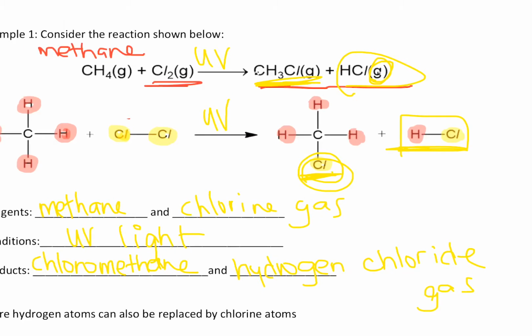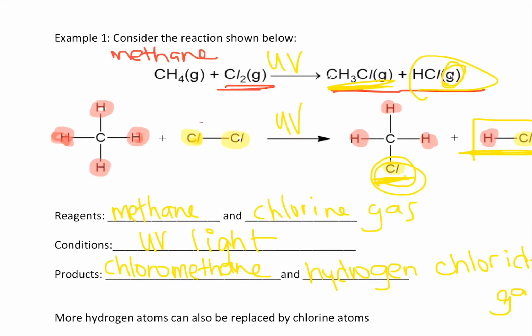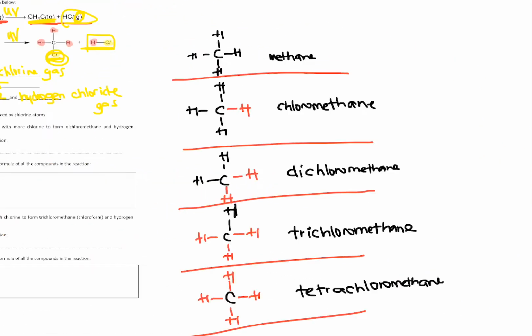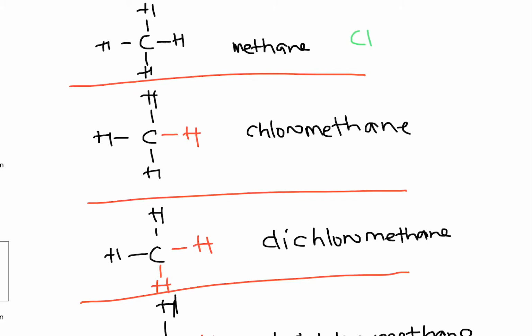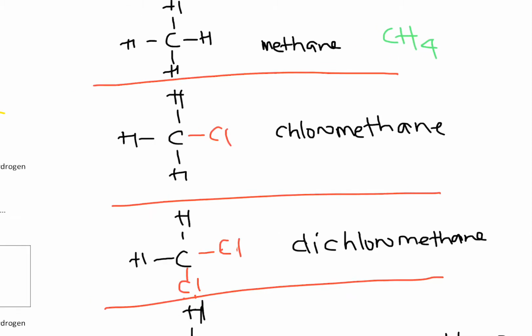Now, let's see how more substitution could take place. So that's the methane molecule, which has formula CH4. Now, if you replace one hydrogen by a chlorine atom, in this case we're replacing this hydrogen here by a chlorine atom, so one hydrogen is gone, you end up with chloromethane, which is going to have formula CH3Cl.